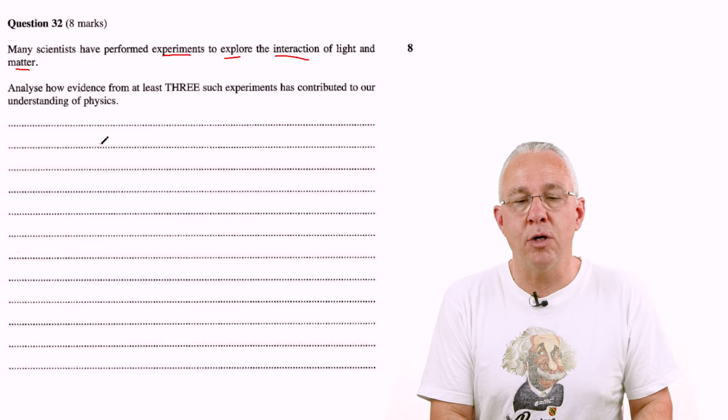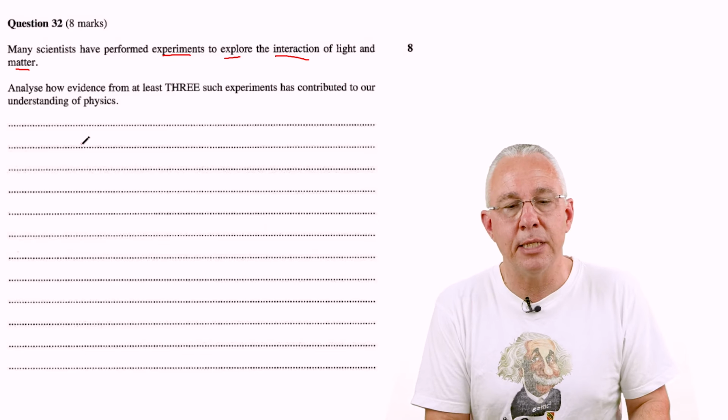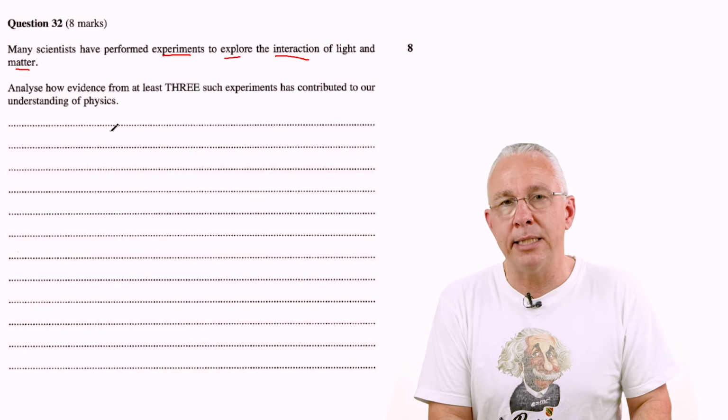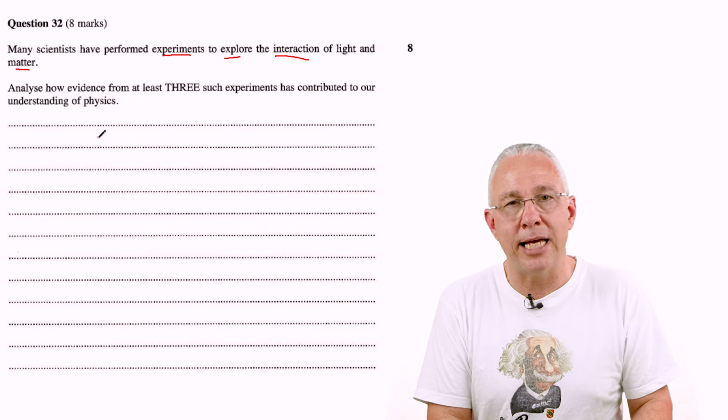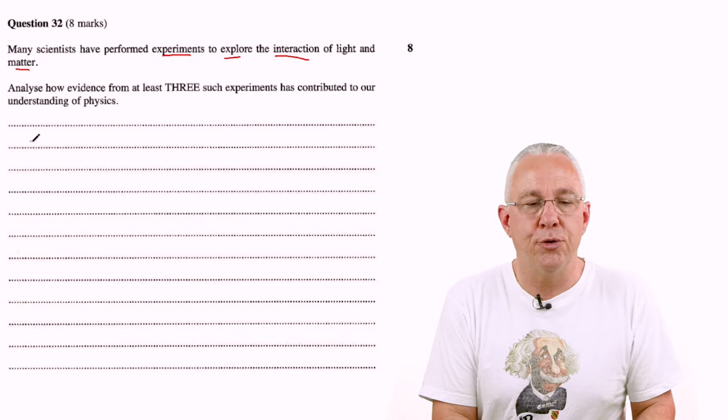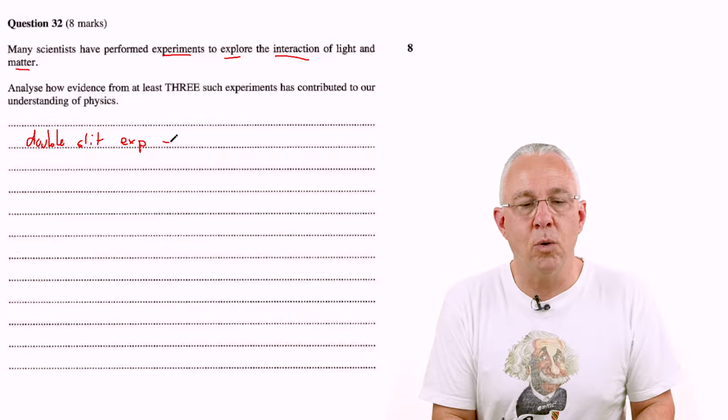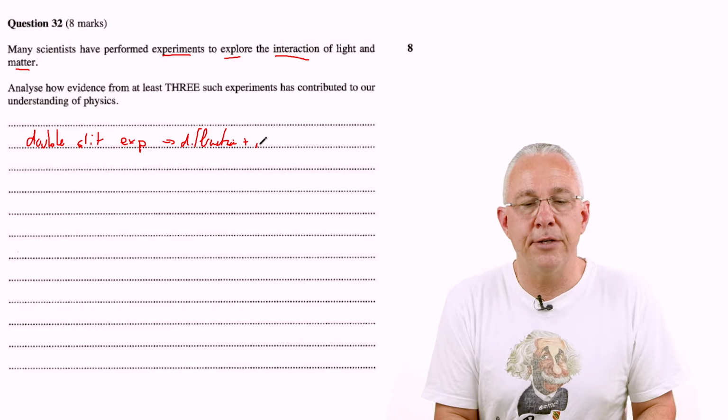So let's talk about, first of all, the really obvious ones. We know that light interacts with matter in such a way that it shows that it has wave-like properties. And there are 2. We can talk about the double-slit experiment. And of course, this is all about diffraction and interference.